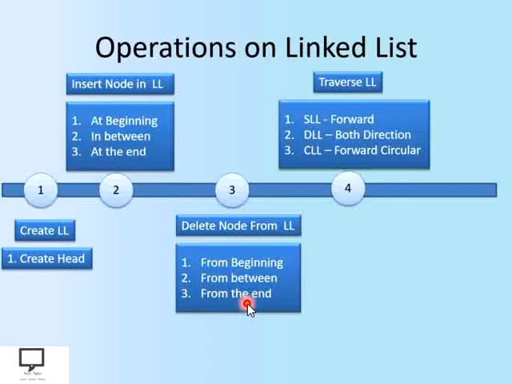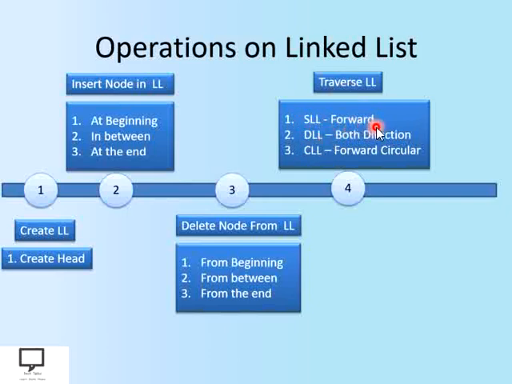The next operation is the traversal of the linked list. I am going to explain this in general for all linked lists. But if it is an SLL, then traversal will be only in the forward direction, because it grows in the forward direction only.